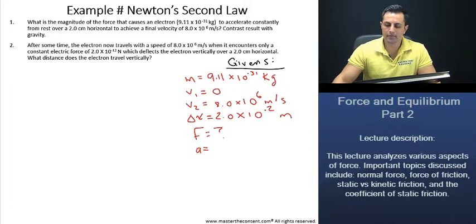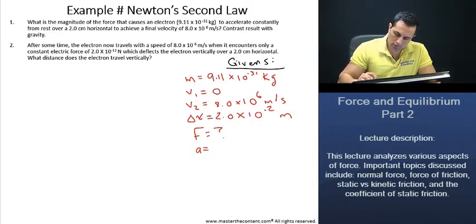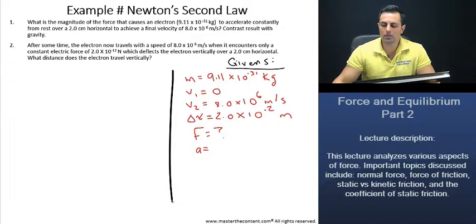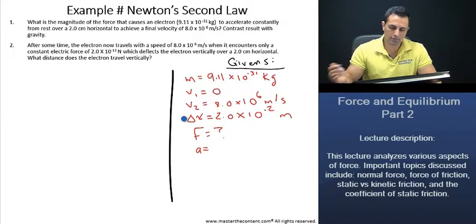Furthermore, we can just use the kinematic equation that we used in the previous slide, because it's giving us the same values. We have mass, initial velocity, final velocity, and change in the distance traveled.